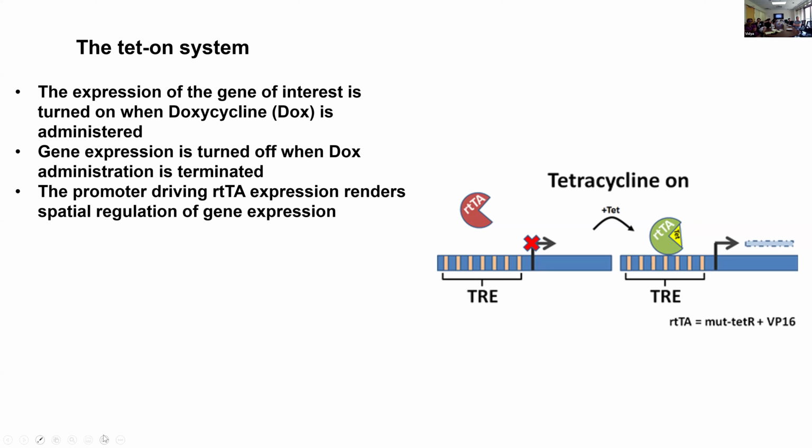But what I really want to emphasize is that both the TET on and TET off systems are reversible systems. When you give tetracycline, it doesn't change the genome. So you can, for example, give doxycycline for 20 days and then remove it. You first look at what effect you get when you knock out this gene or ectopically express this gene, and then when you remove it, whether the phenotype is reversed.